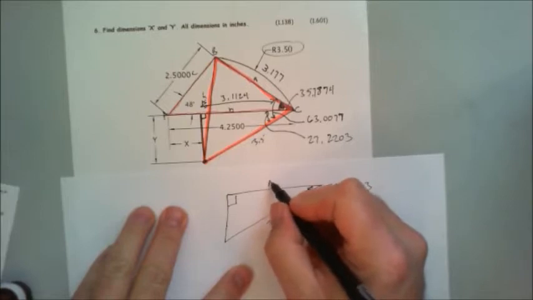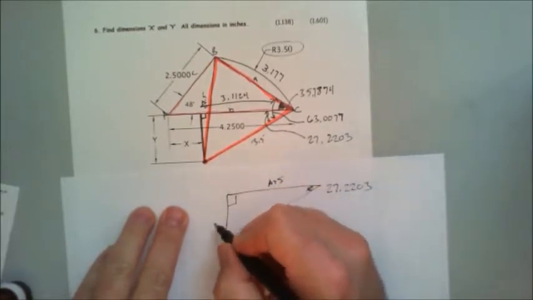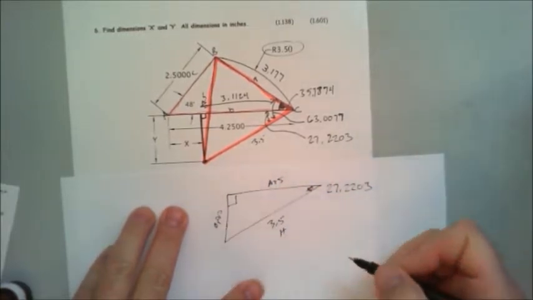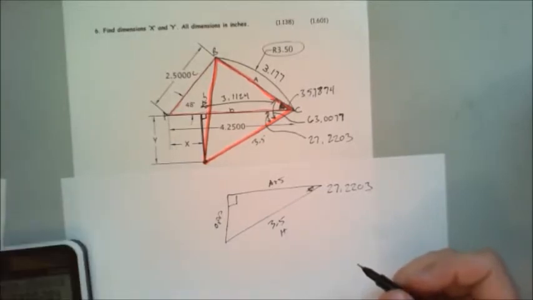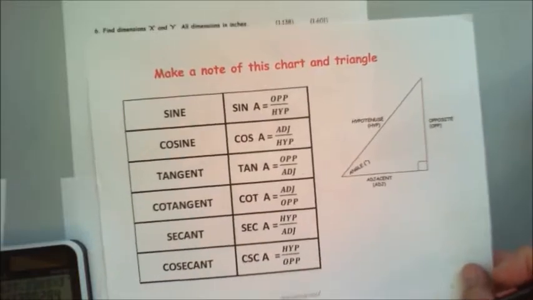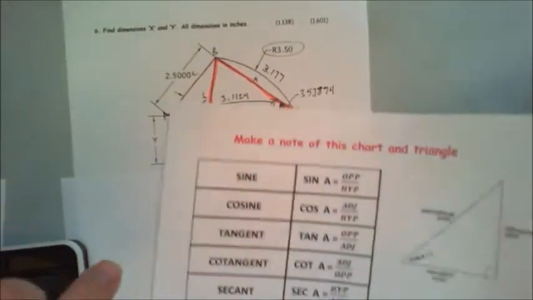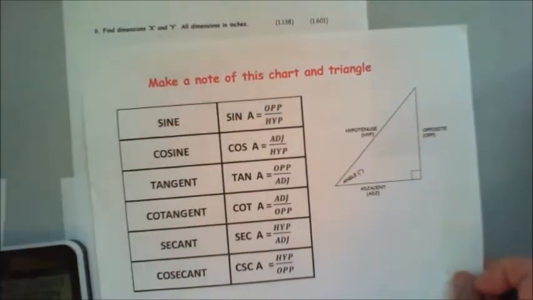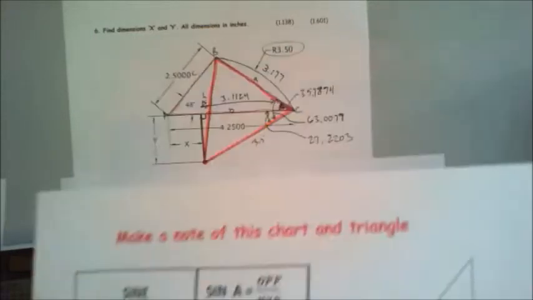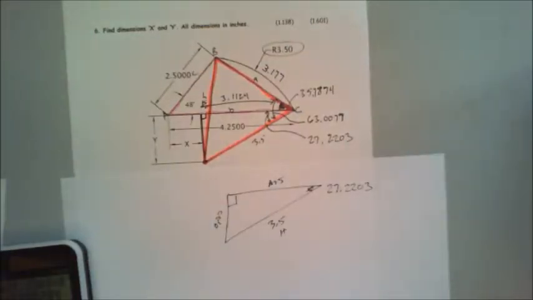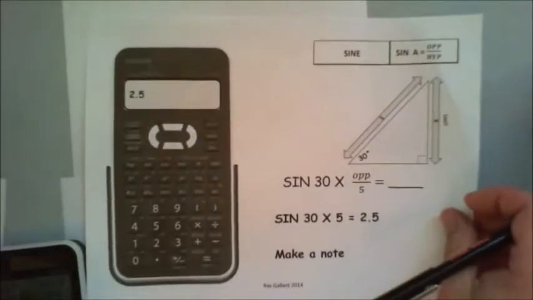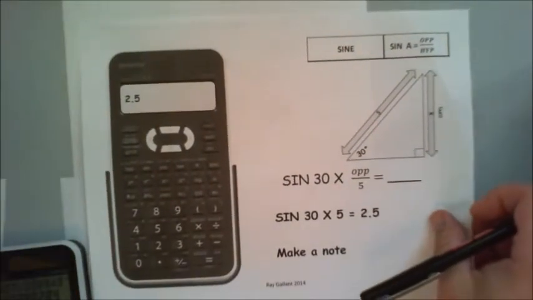This is the adjacent. This is the opposite. This is the hypotenuse. Okay, so let's take a look at our sheet here. So we want to find the opposite over hypotenuse. Opposite over hypotenuse is going to be sine. This is the formula we're going to use.